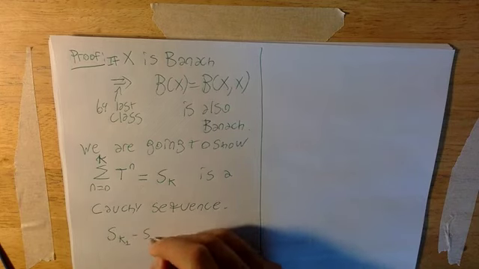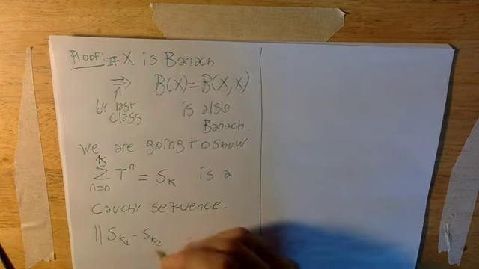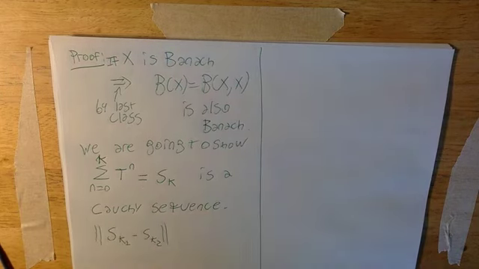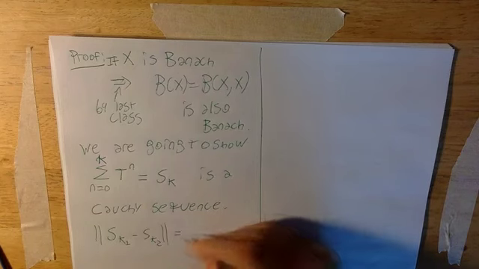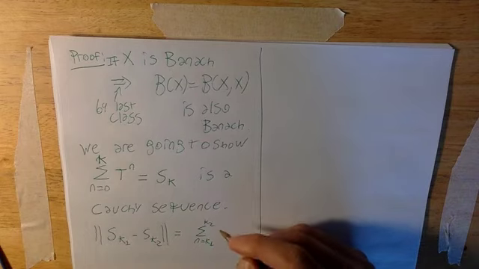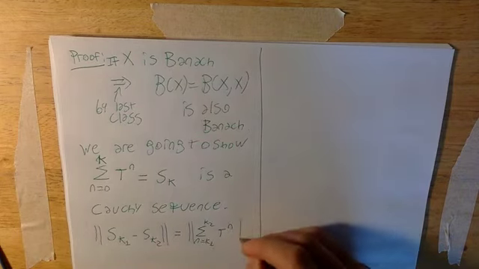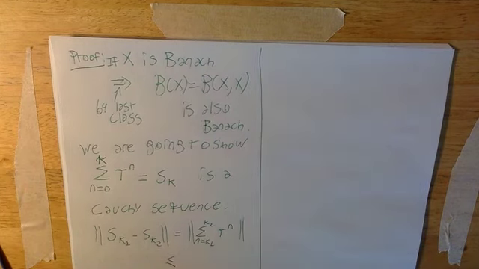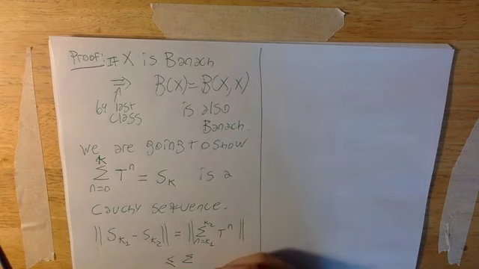So we take the norm of S_k1 minus S_k2, and this is equal to the norm of the sum from n equals k1 up to k2 of T to the n, which is less or equal than the sum from n equals k1 up to infinity of the norm of T to the n.